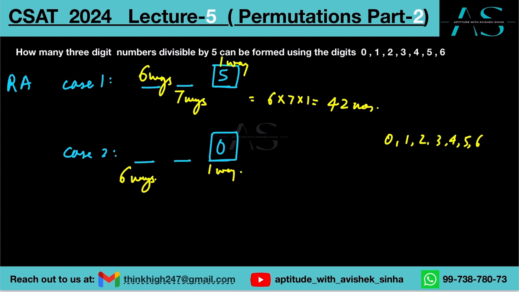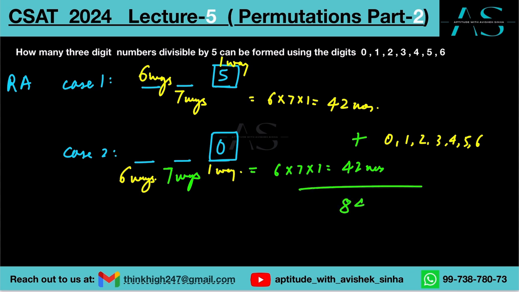Now 0 can be placed here, so this can be done in 7 ways. This is 6 into 7 into 1, which is 42 numbers. Final answer is the summation of these two, which is 84 numbers. There are 84 numbers in which the repetition of digits is allowed. These are all divisible by 5 when we use these digits into consideration.